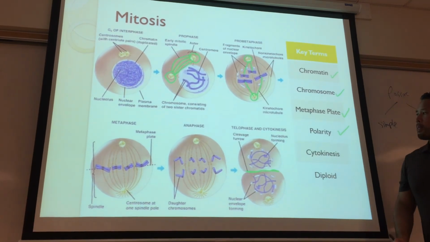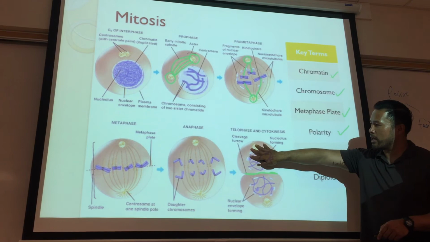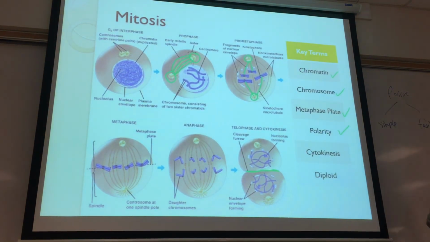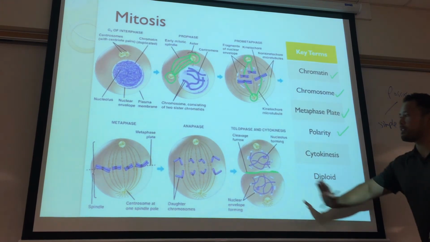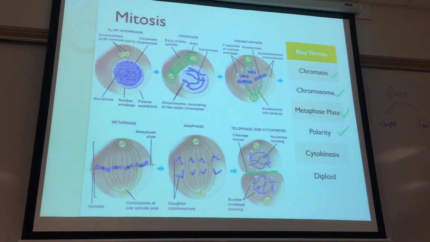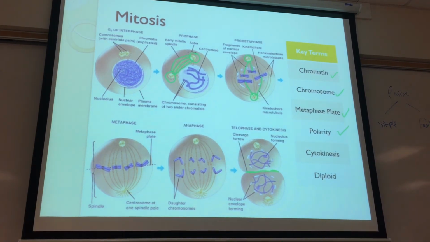And now you have one cell with an equal amount of DNA, and you have another cell with an equal amount of DNA. This is the process where we divide the DNA apart and create two cells. So now the end product of mitosis is we get two identical cells with the same amount of DNA. You turn one cell into two.